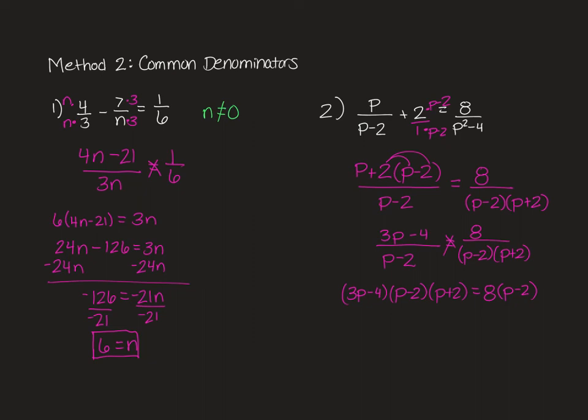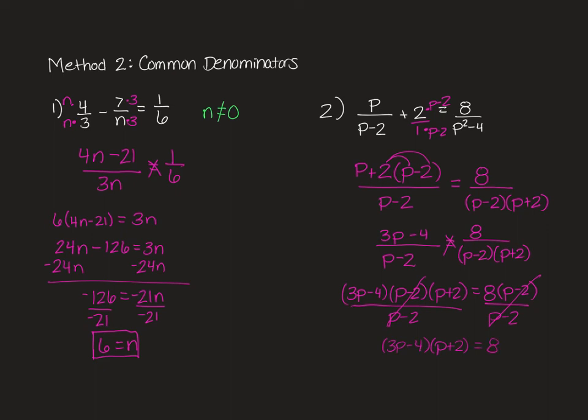Now if you notice, something that's the same on both sides is the p minus 2. So really, if I divide by p minus 2 on both sides, they go away. So now all I have left is 3p minus 4 times p plus 2 is equal to 8.